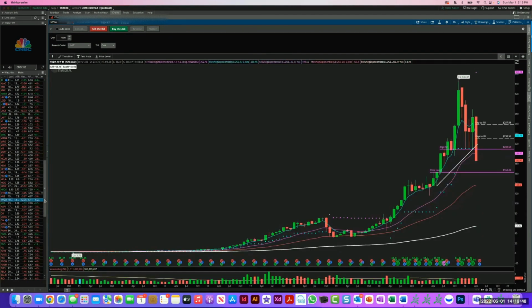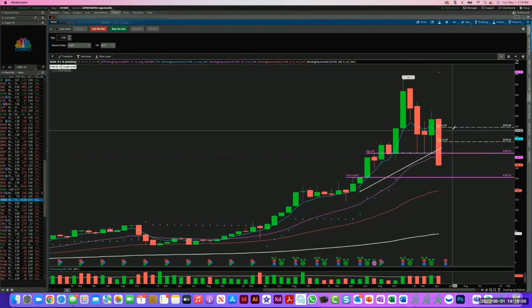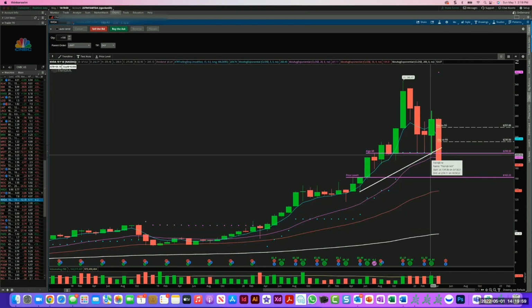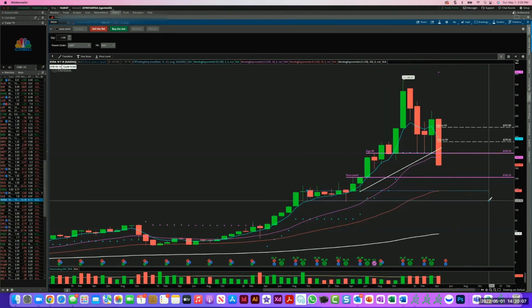This is NVIDIA. And I'm looking at NVIDIA, and this is a huge long candle. But again, NVIDIA doesn't really have any real support until we get down here. This is where the buyers are. And you can see it.